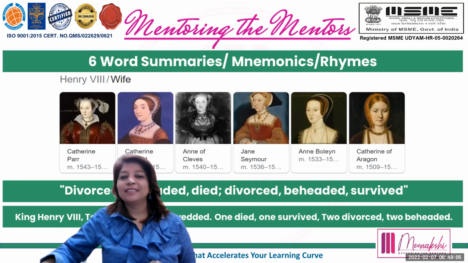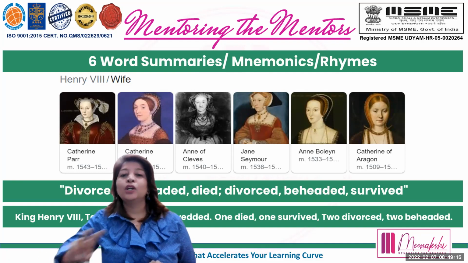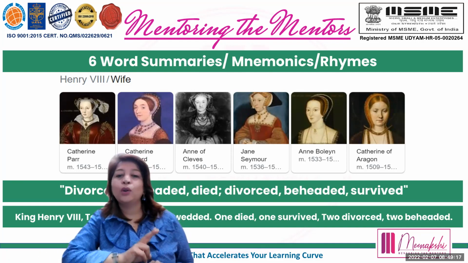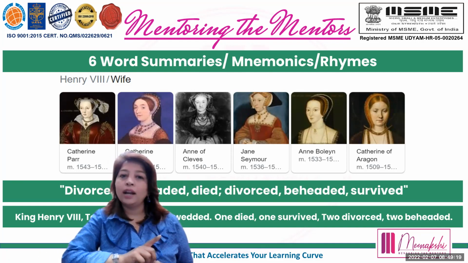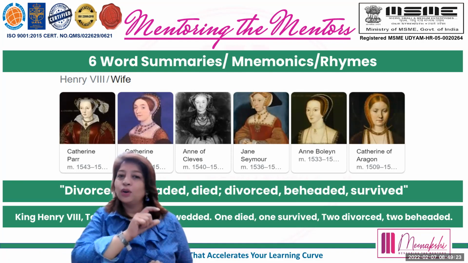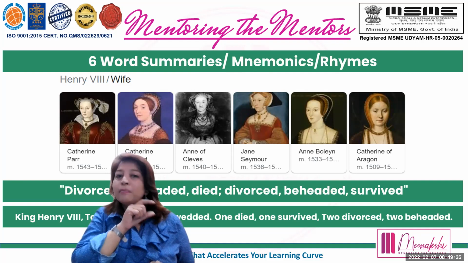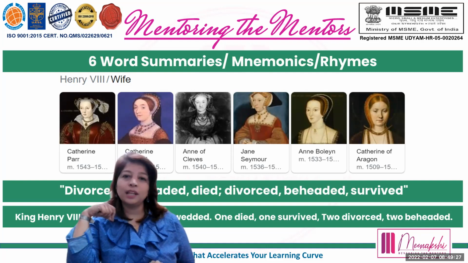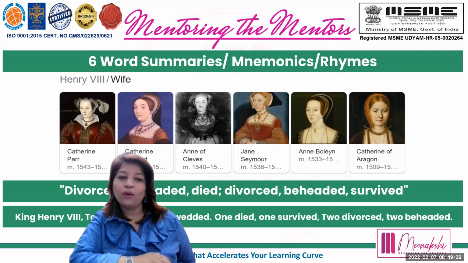Here I have it for you: Divorced, beheaded, died. Divorced, beheaded, survived. This means that of Henry's wives, two were divorced, two were beheaded, one died, and only one, the sixth, survived. So the children will be able to remember it in this kind of sequence. This is a mnemonic.